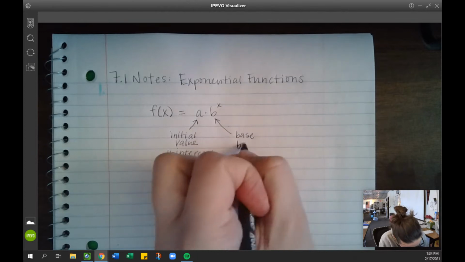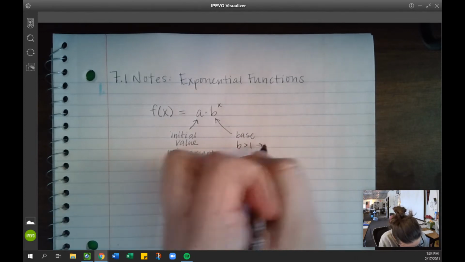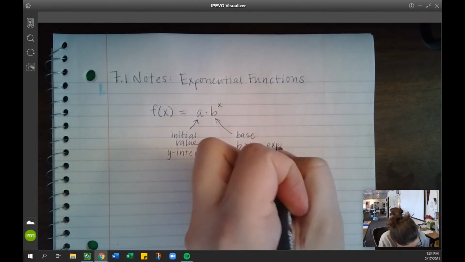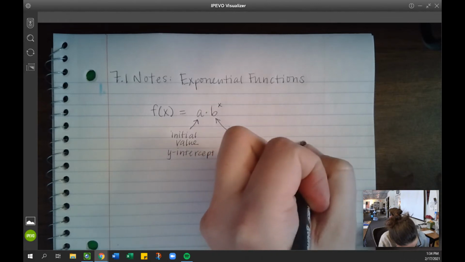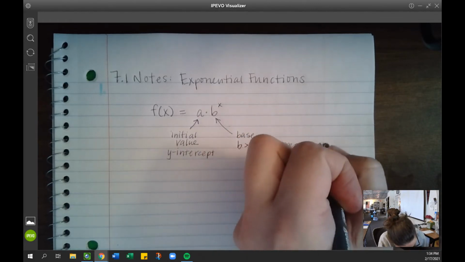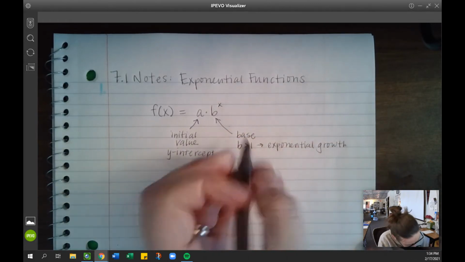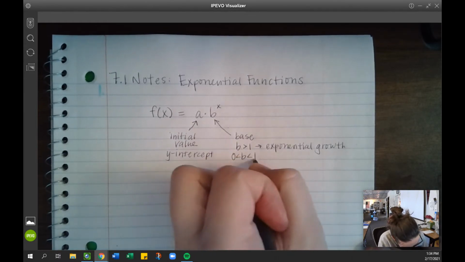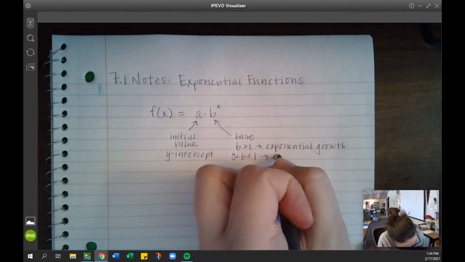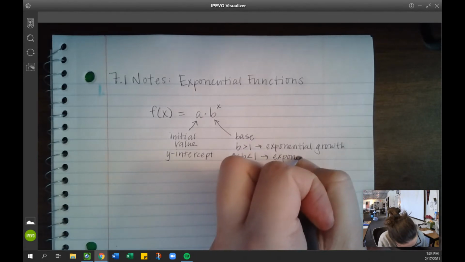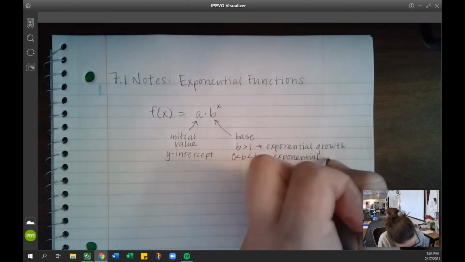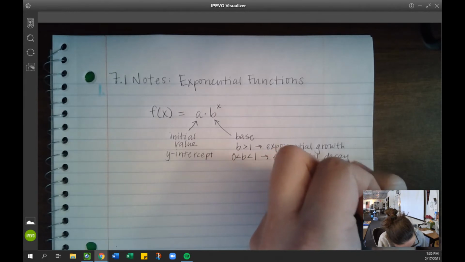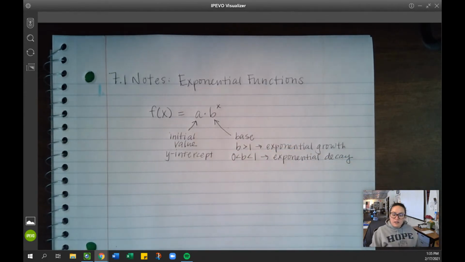So if b is greater than 1, it's called exponential growth. And if b is between 0 and 1, we have exponential decay.